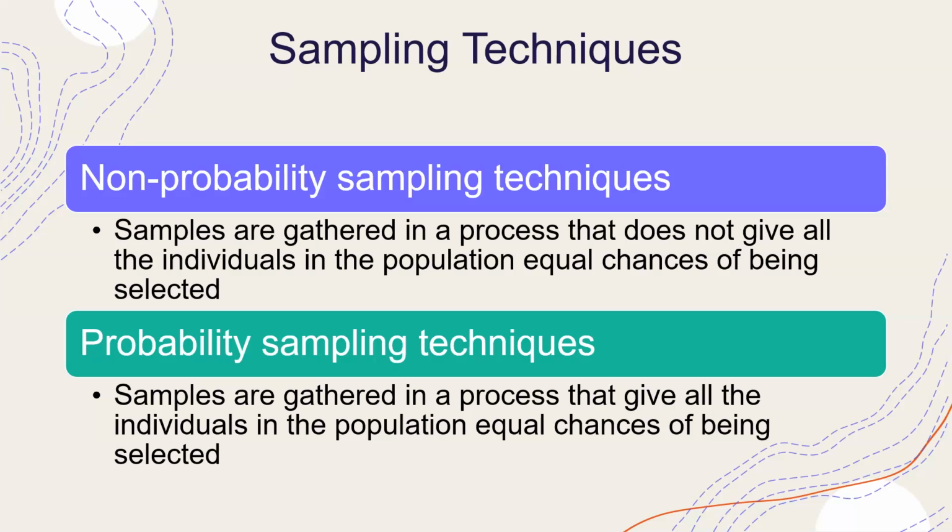In a non-probability sample, individuals are selected based on non-random criteria, and not every individual has a chance of being included. This type of sample is easier and cheaper to access, but it has a higher risk of sampling bias, and you cannot use it to make valid statistical inferences about the whole population.